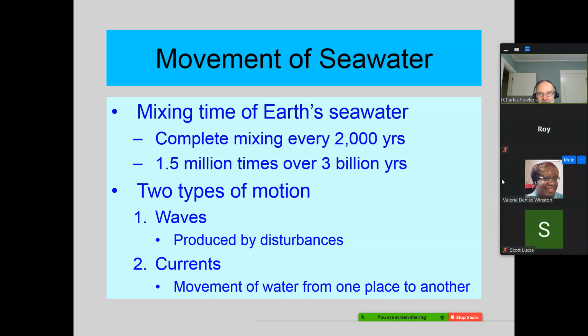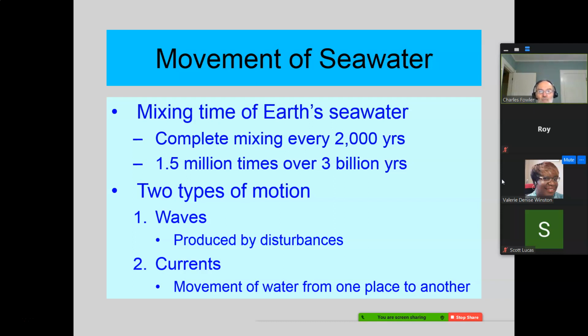Now, what does the mixing? There are two types of motion that are the primary mixers, okay? The first is waves. If you've ever been to the beach, you know the waves are always coming in. They always will come in. Now these are produced by disturbances. What disturbances?